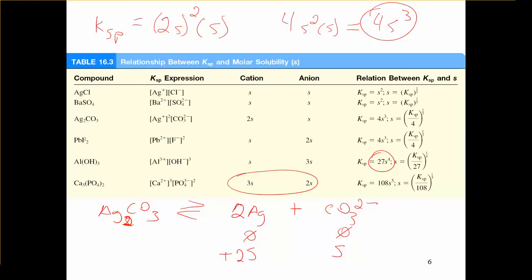And here, even more complicated. Why is it to the third up there? It's cubed. Because if I get 4 times s squared times s squared times s, what is that? If I have an s squared times another s, and I multiply those two, that gives me s cubed.